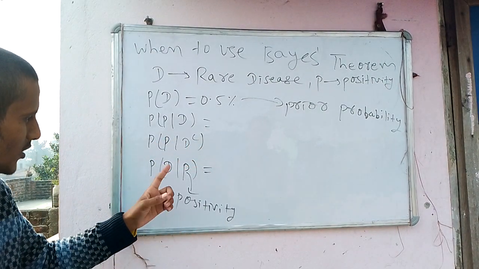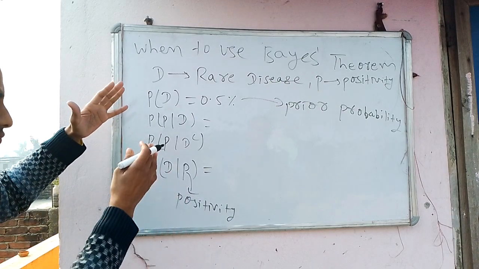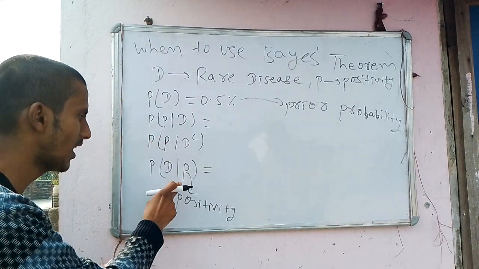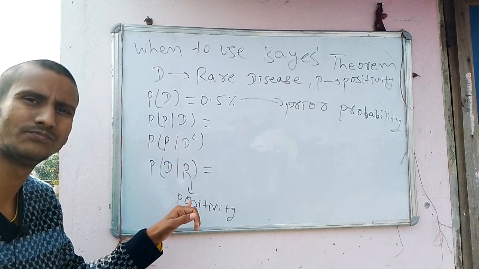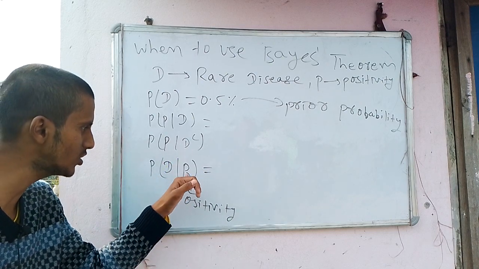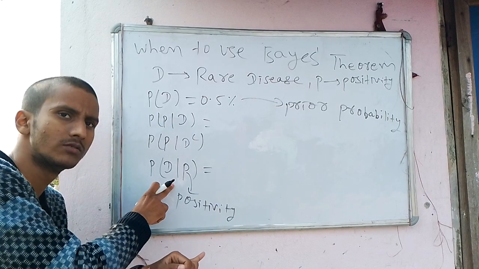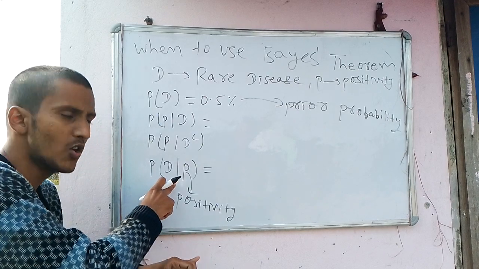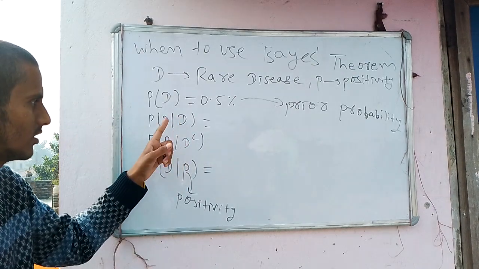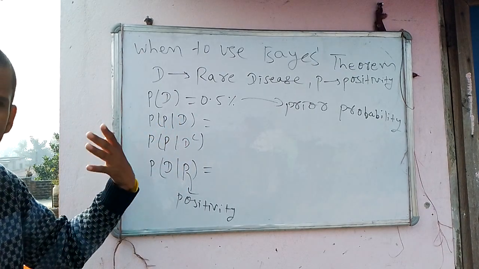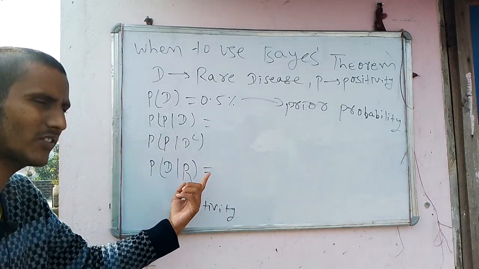The questions are about this parameter: if you have D, if you have the disease, what is the probability of the test turning out to be positive, and also if you don't have the disease.